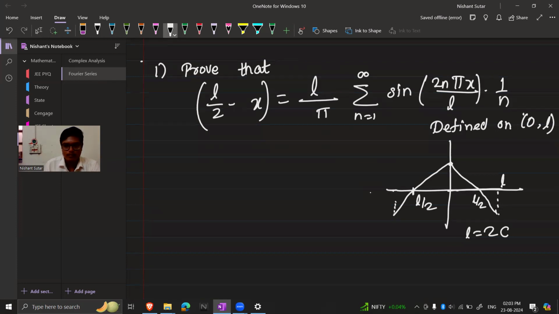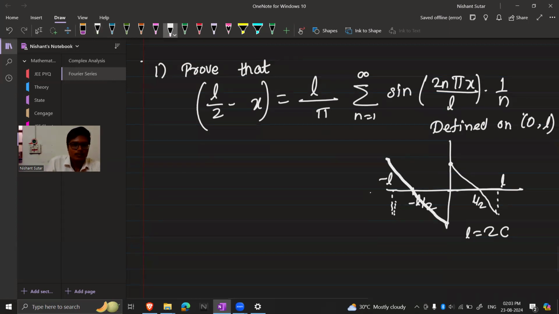So here is my minus L by 2 and here is my minus L. This is my even function, but instead of an even function, I will go for an odd function, so I will extend this as an odd function. It will look like this.